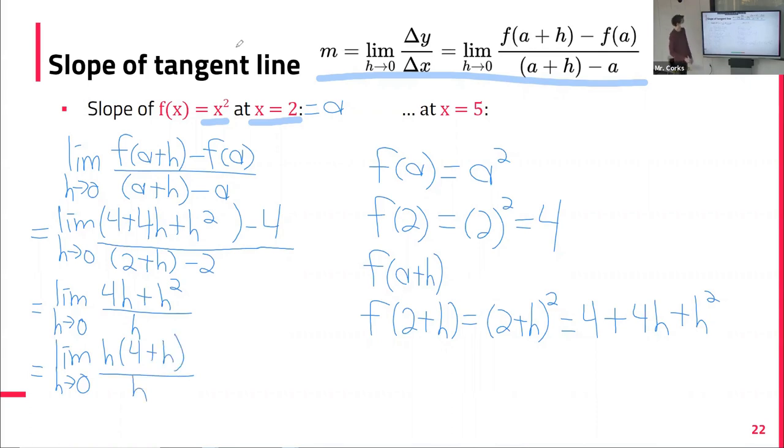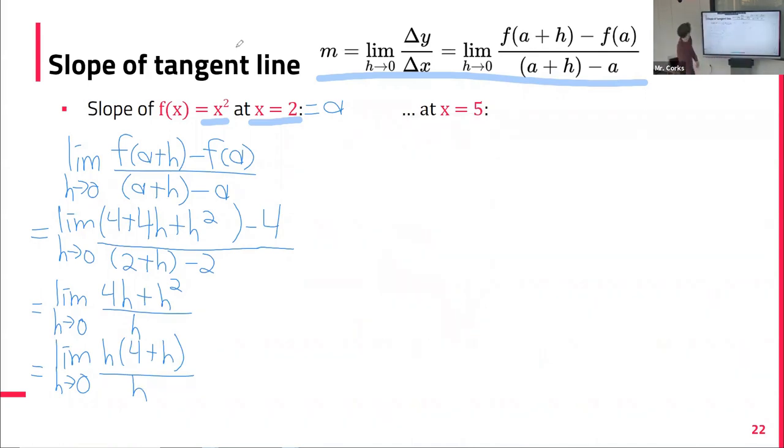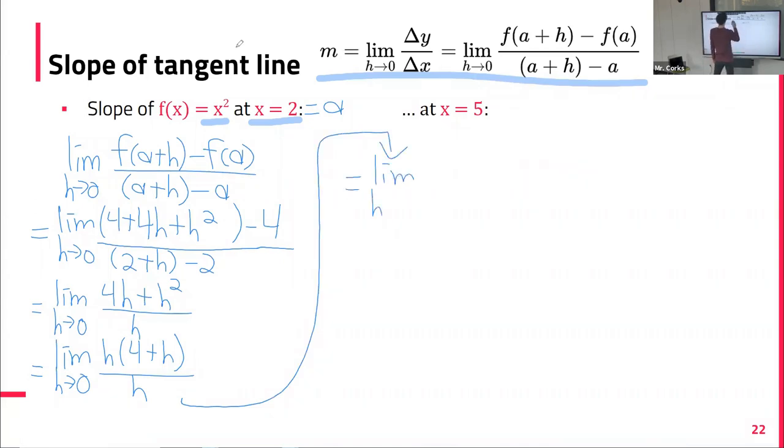So h on the top, h on the bottom. Continue here. So limit as h goes to 0 of 4 plus h.